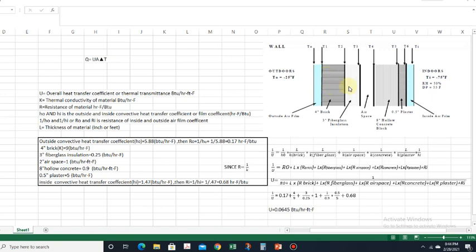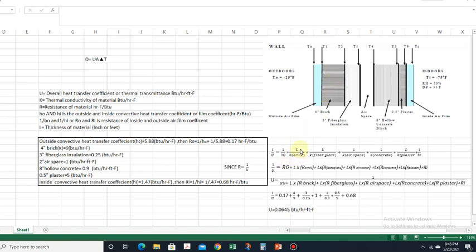If the ability of the material to conduct heat is less, that means the resistance capacity is more. So we can define the ability of this material in two terms, either resistance or thermal conductivity.